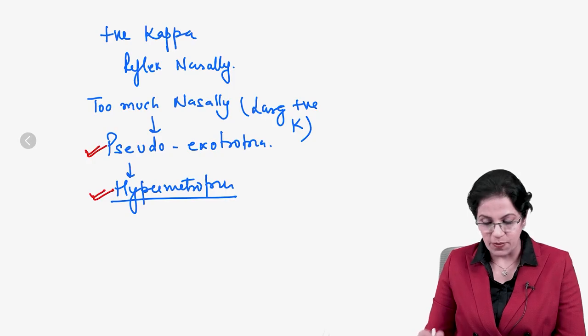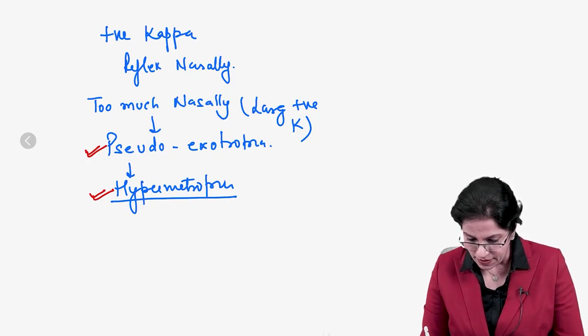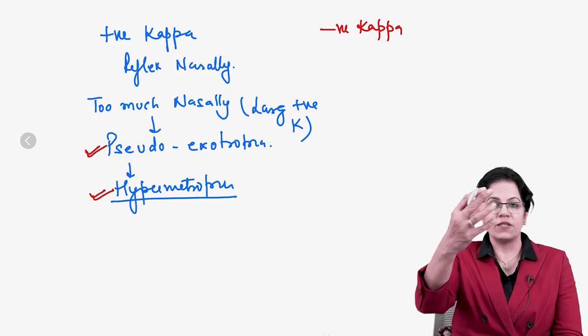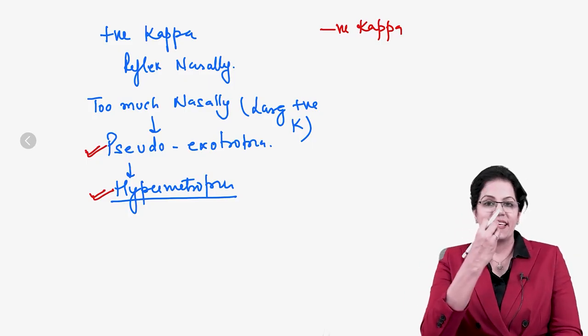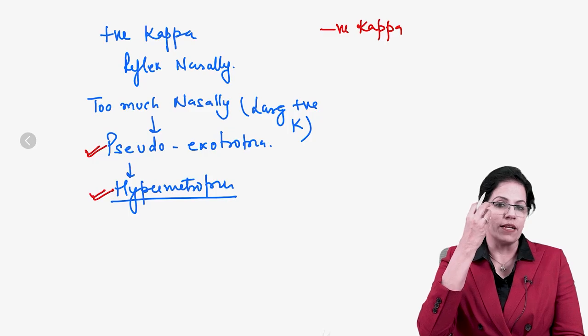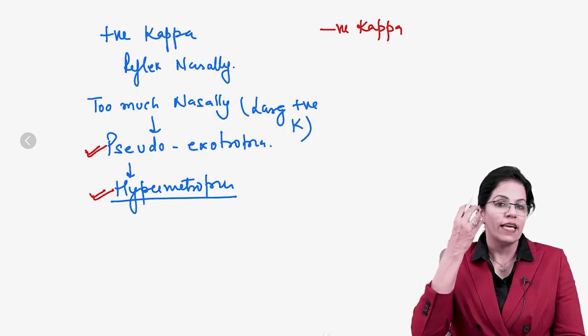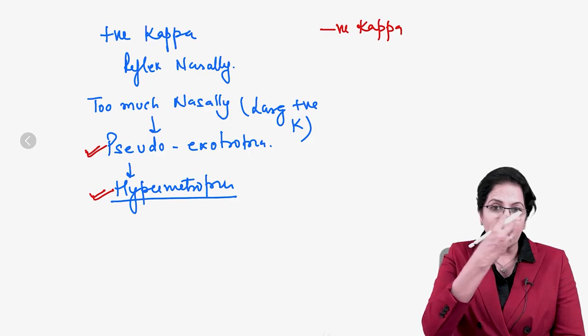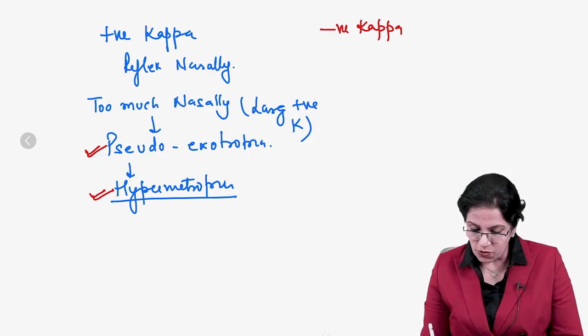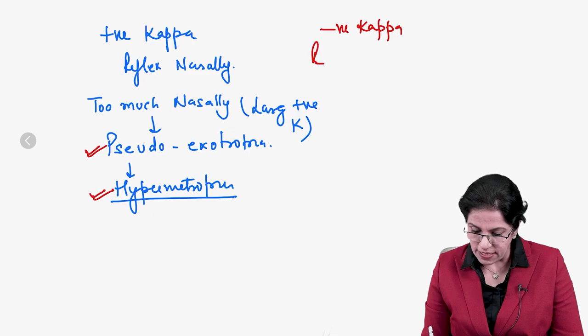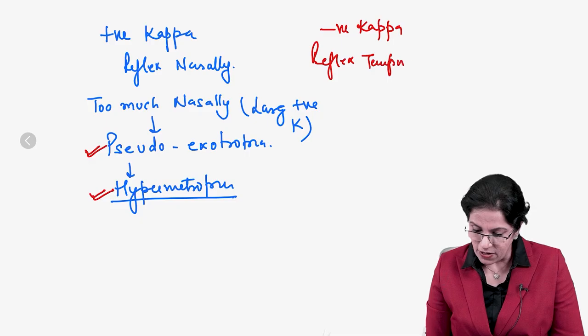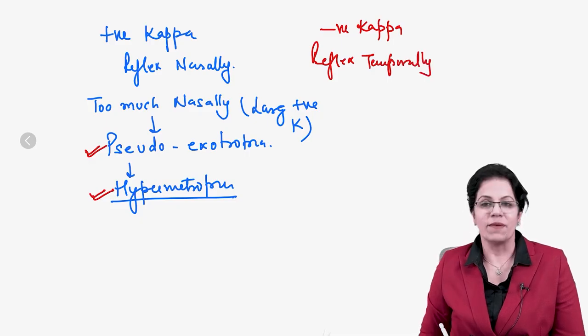Now we come to the next one, negative kappa. Negative kappa means that when you show the torchlight on my eye, the light reflex falls temporally, and if it falls too temporally, it will look as if the eye is in. So if the reflex is too much temporal, this is your negative kappa.